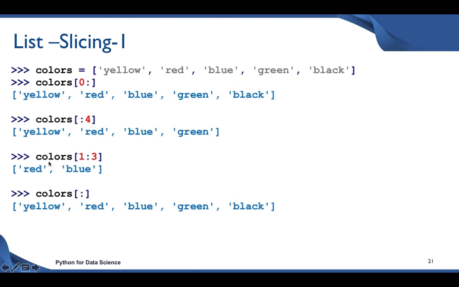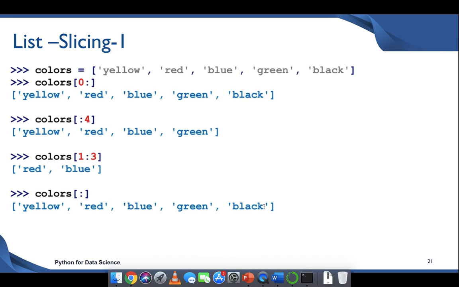Now here we can also use start and end index: it starts from 1 and goes up till 3, but 3 is not included, only 2 is included. And when we don't specify anything, it will take all the elements. So this is how slicing will work.